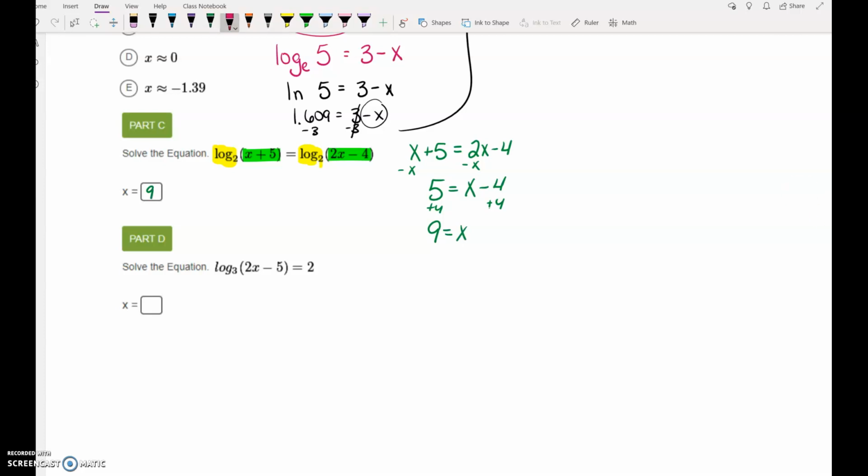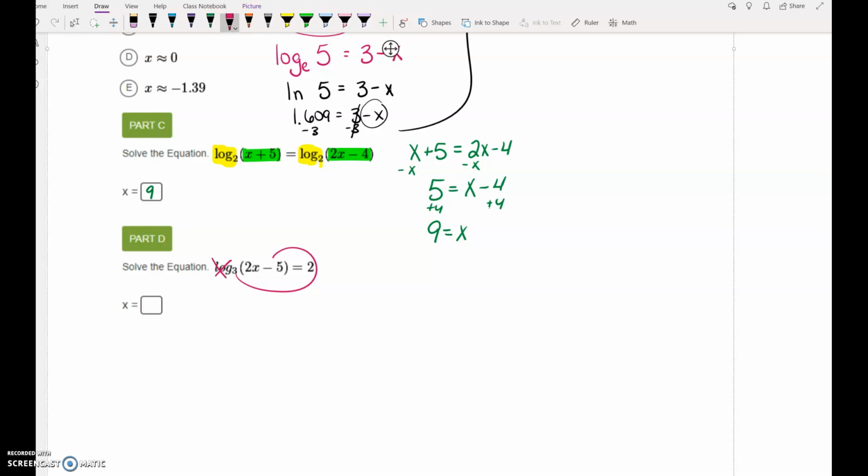In part D, we've got log base 3 of stuff equals 2. There's nothing in front of the log. There's nothing added or subtracted after the log, so we're kind of stuck. We need to change forms. Woo! The most common error on this problem is that people try to rewrite this back in logarithmic form. This has a log. We don't want to write it with a log.